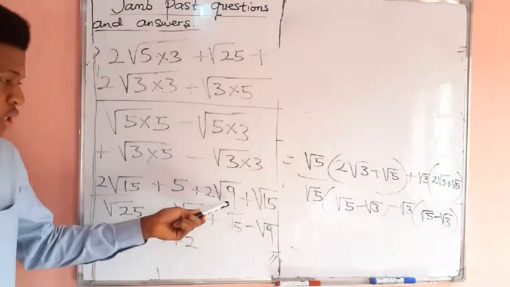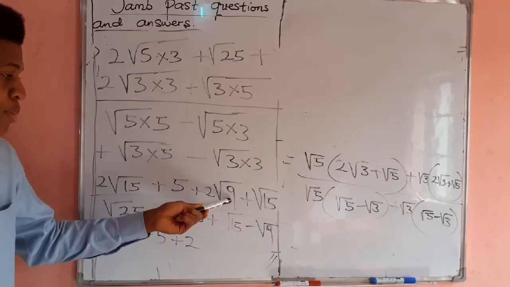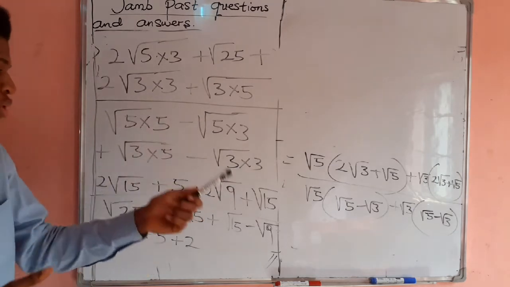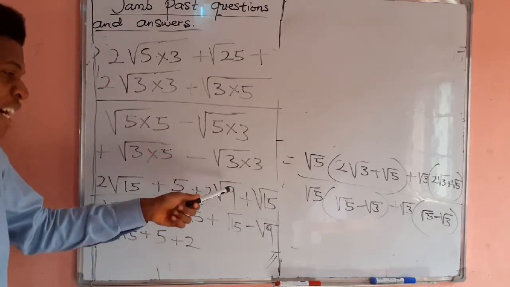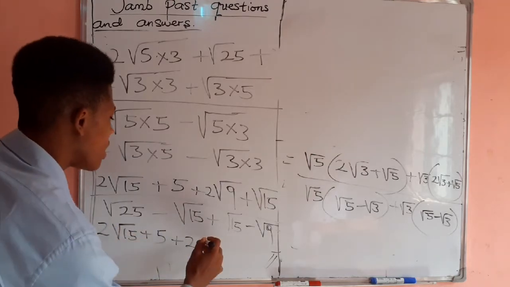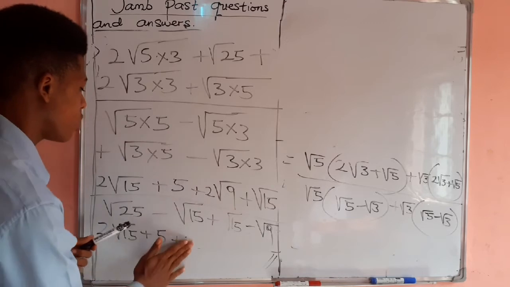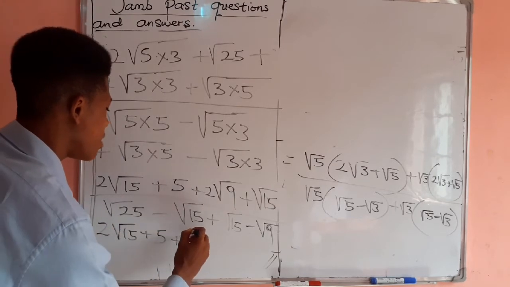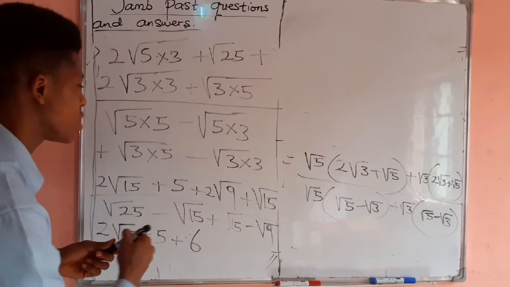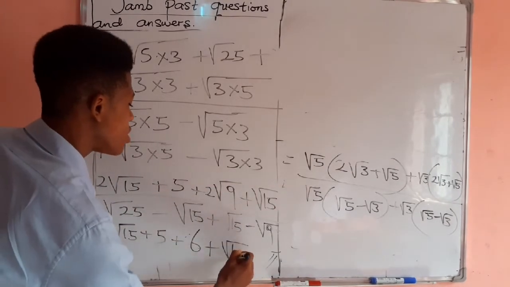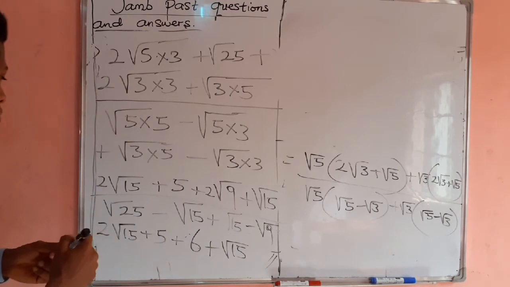Root 9 is a perfect square, so root 9 is 3, because 3 times 3 will give you 9. So this is 2 times 3, which is 6. 6 plus 6 plus root 15, which is irrational.